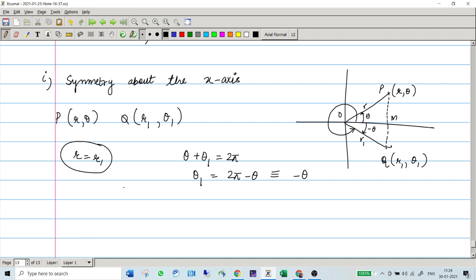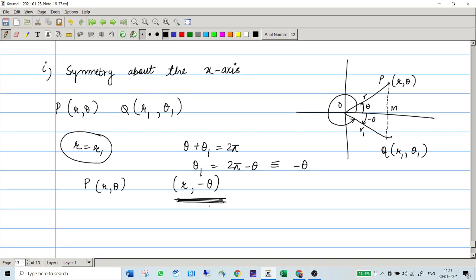So a point r comma theta is symmetric to another point about the x-axis if the other point looks like r1 comma theta 1, where r1 happens to be just r again and theta 1 happens to be minus theta, right? So a point P is symmetric to this sort of a point about the x-axis. Is it okay?